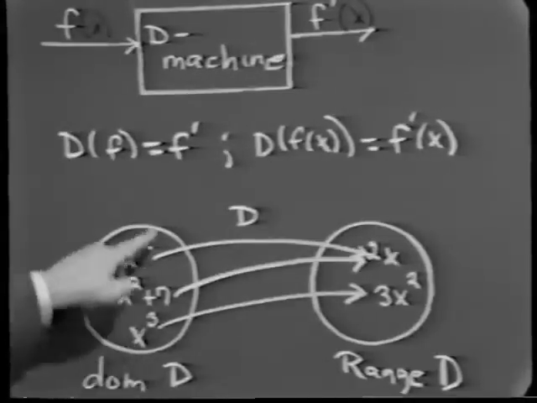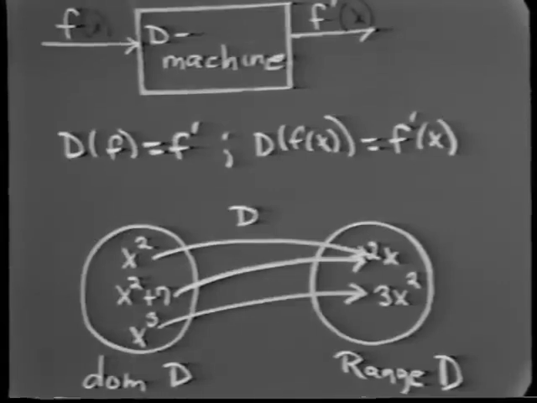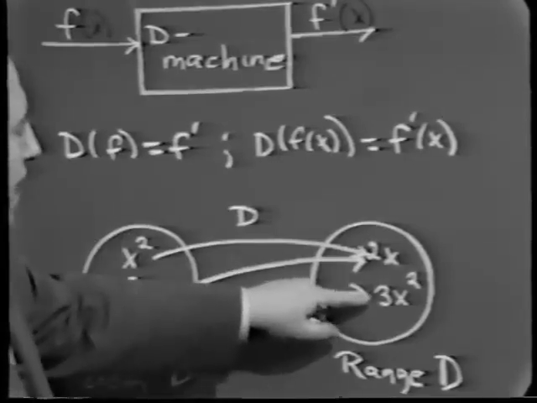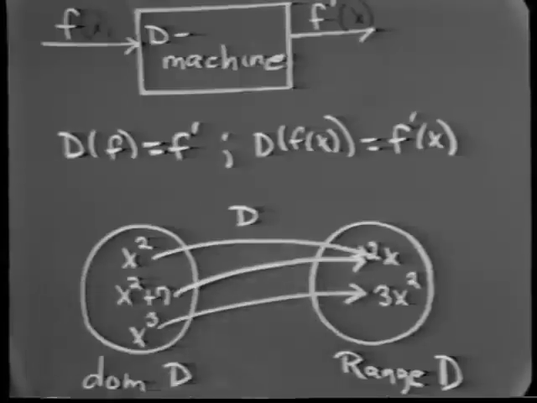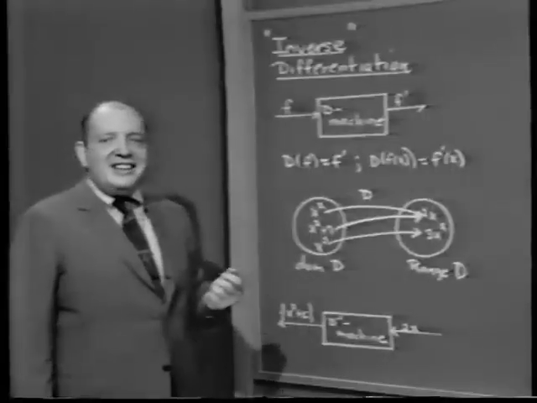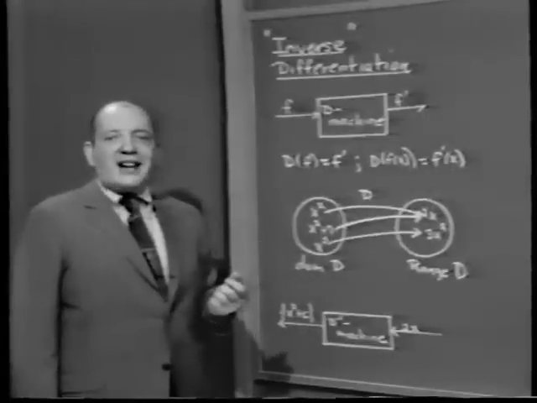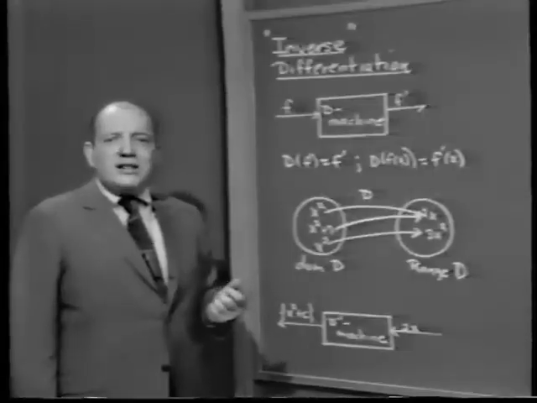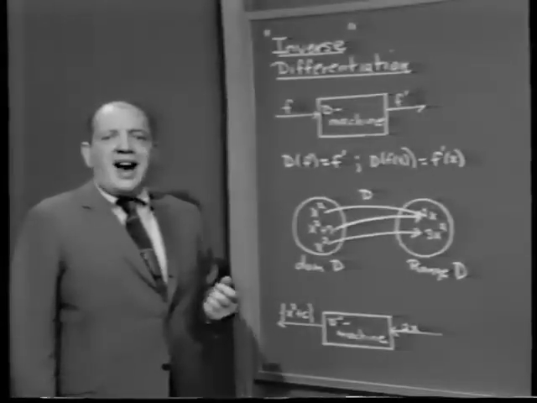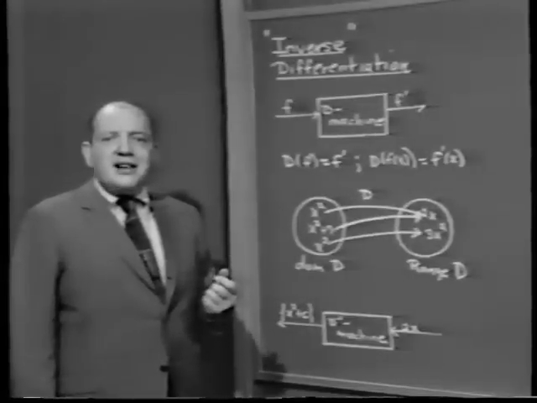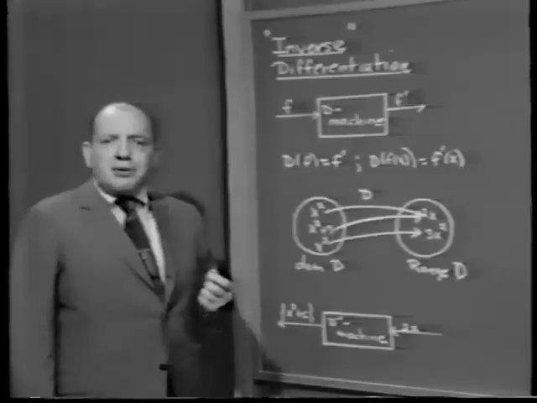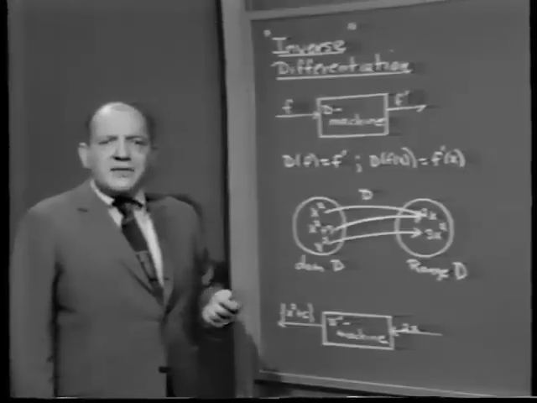The set of all differentiable functions, and the range or the image will also be what? All functions which are derivatives of differentiable functions. Now, what kind of a function is D? Don't lose track of the fact that things like one-to-oneness and onto-ness are concepts that transcend dealing with numbers. They apply whenever we're dealing with any kind of a function.